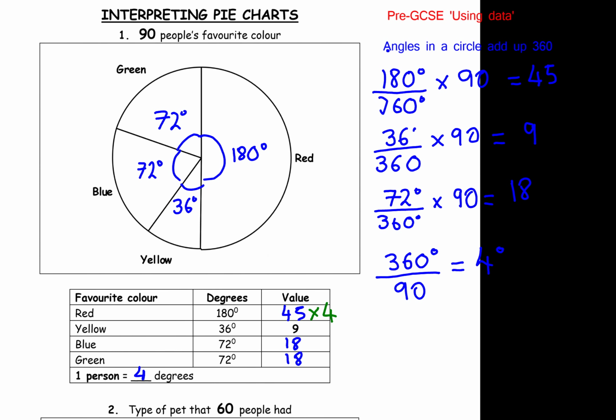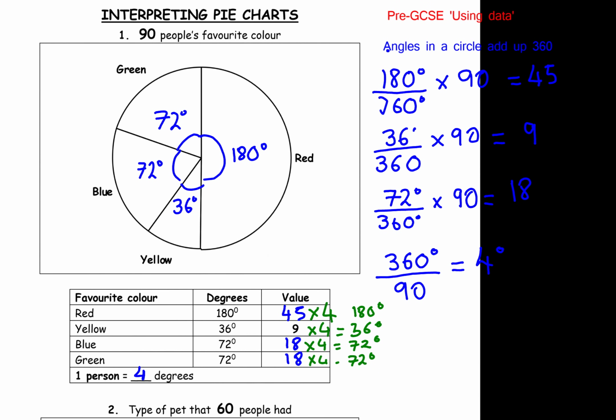So that's 45 times 4, which gives us 180 degrees. So this one times 4, this one times 4, this one times 4 should give you the correct degrees. That should be 36, and these two should be 72. That's just a way of checking.